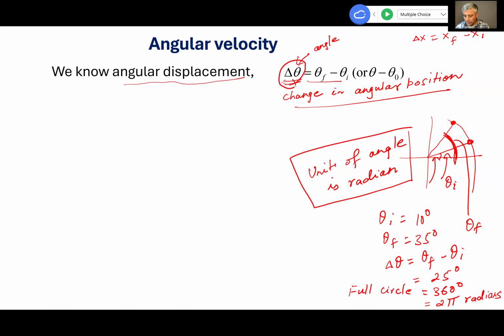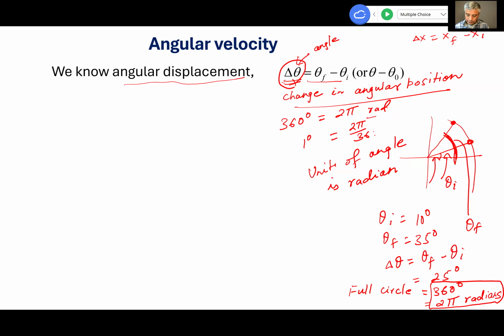So that's what we use to convert from degrees to radians. So what's the conversion factor? 360 degrees is 2 pi radians. And in short, we may simply write rad for the radian. So that means 1 degree is 2 pi over 360 radian. Okay.